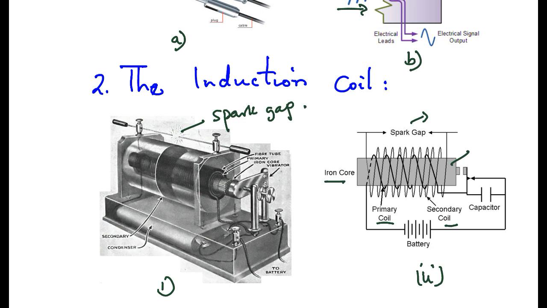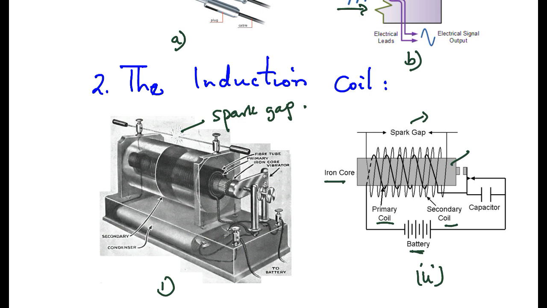The primary coil is connected to a DC current of very low voltage.